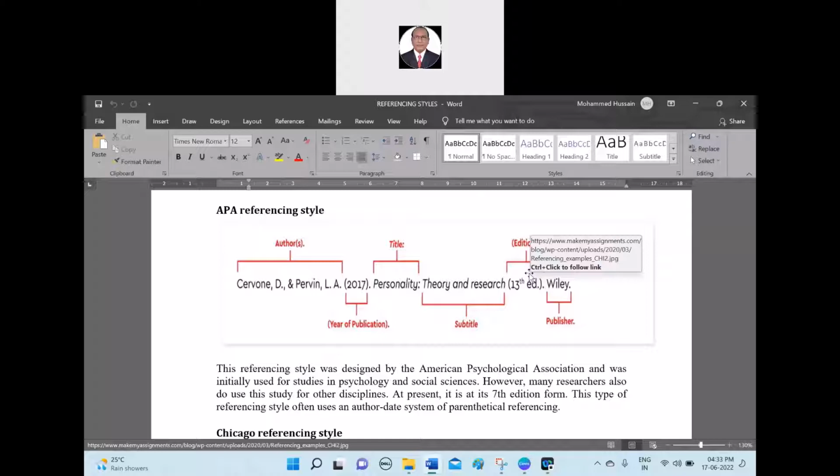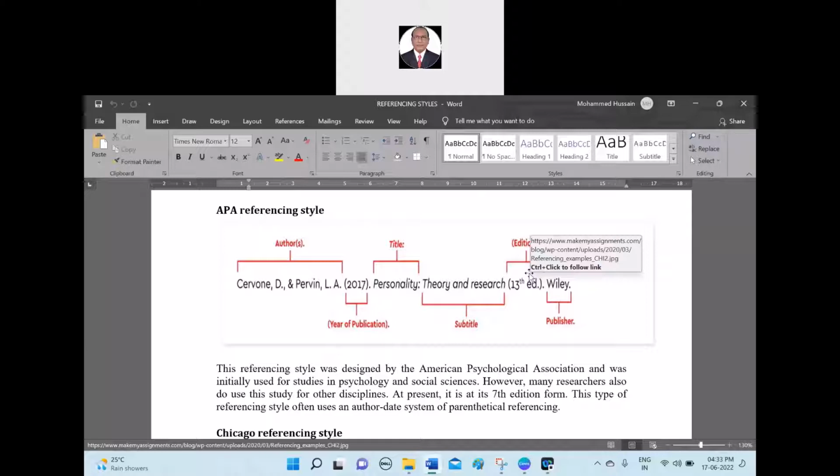Whenever the surname is there, it comes in the front, and the initials follow later. The first name would be the initial, and the second name, which is the middle name, also the initial. Here it is written Servon, comma, initial D, full stop, and then the continuation is a comma.